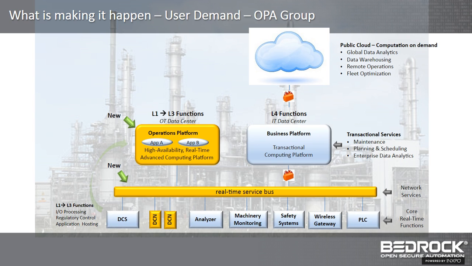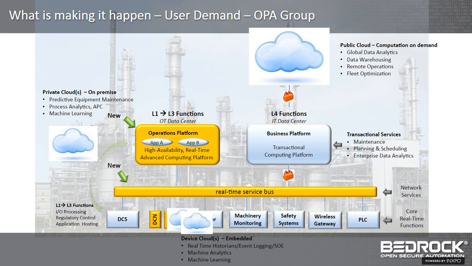Now, I would say that even in the few years since they've made their vision clear, you can see that the technology is scaling and converging such that you can have on-premise, private, and/or public clouds, and you can even have embedded device-level clouds where these technologies move down.